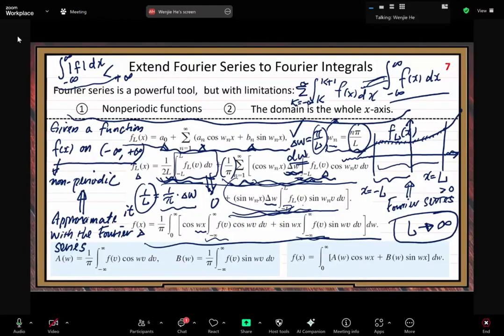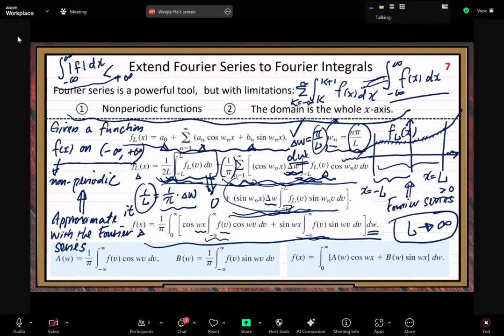Then the function FL, remember, when L goes to infinity, FL approaches the original F function. So here we use the F function. Then cosine Wn times V, we use the W variable, so cosine WV times dV. But this dW is outside.